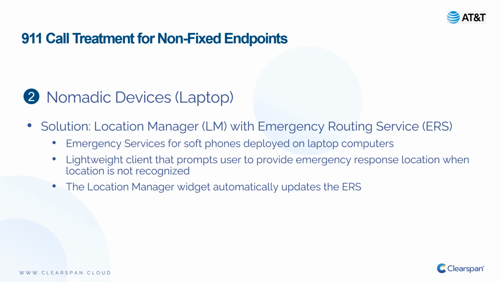When entered, the information is sent to the Intrado Emergency Routing Service, the ERS, where the address is validated against a master street address guide. If the address is valid, the dispatchable location for that device is updated in the ERS. If the address fails validation, the user is prompted again for a valid address.